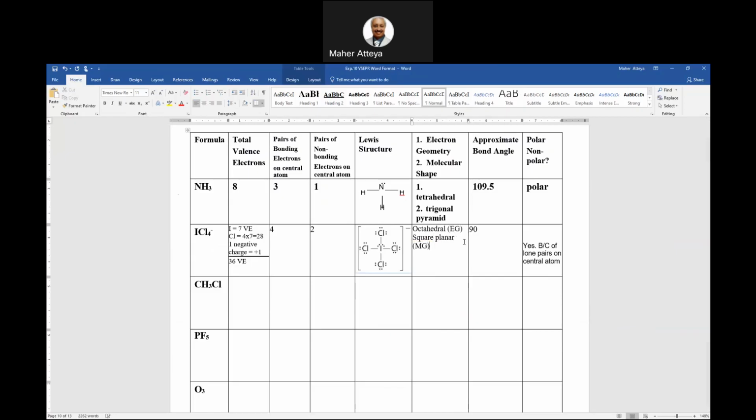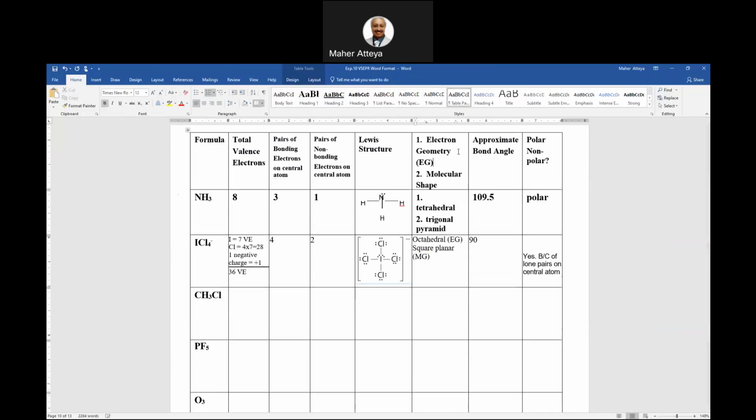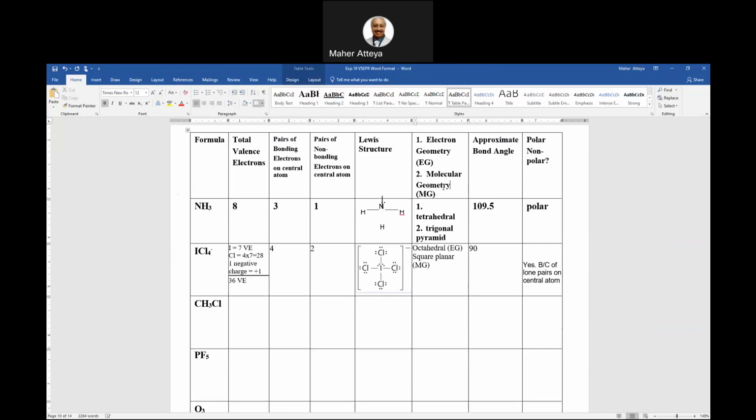So Mg and Eg. You can put here electron, this is your Eg, and this is your Mg. Okay, guys, so then you can put them this way.